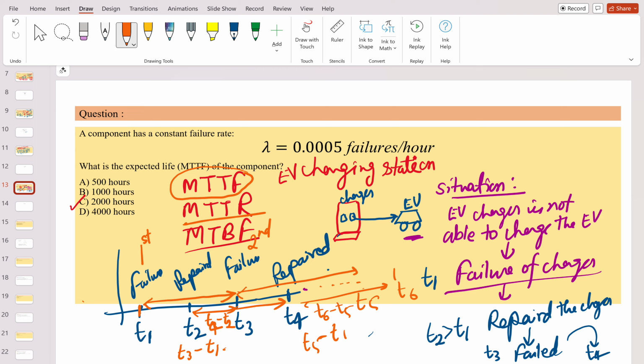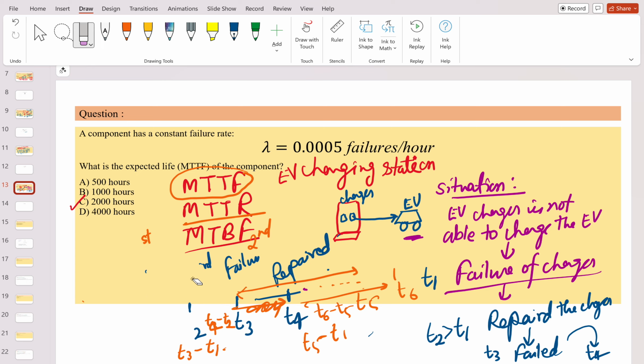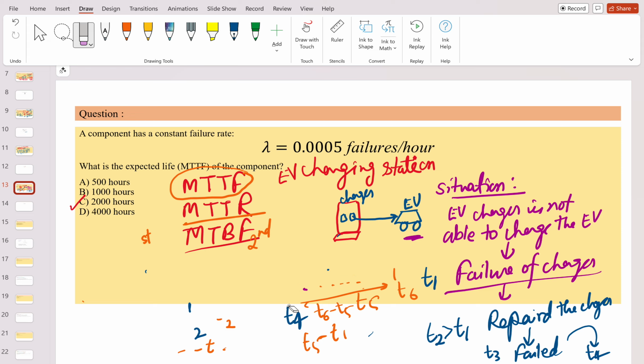There were multiple repair times. So it was performing the intended operation for a certain time frame, and then again it got a failure, and then it got repaired, and then again performing.